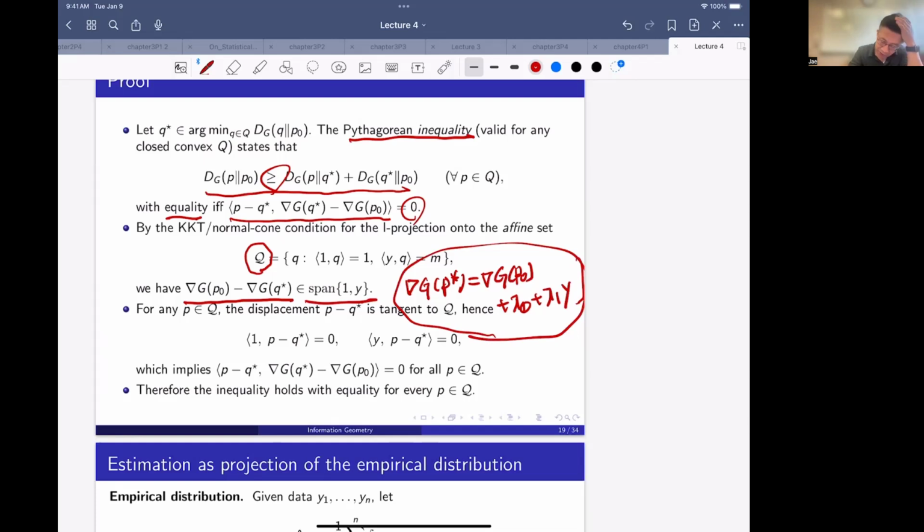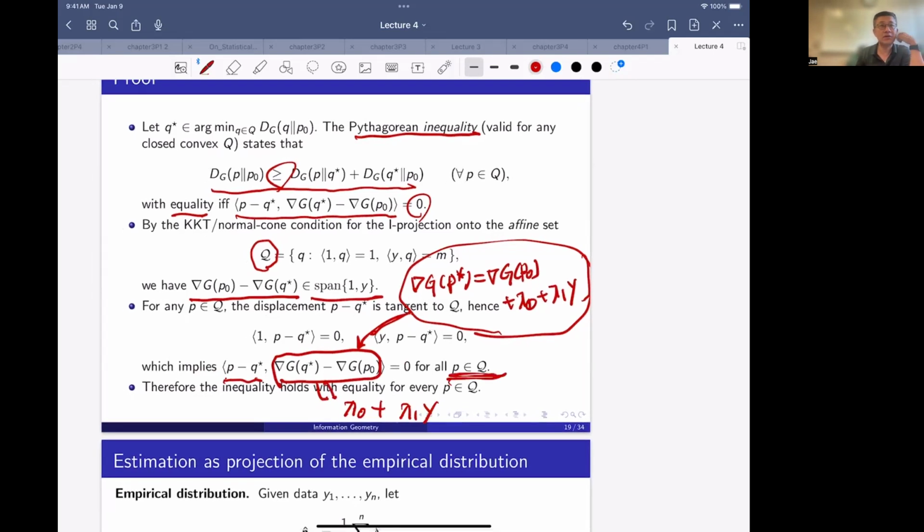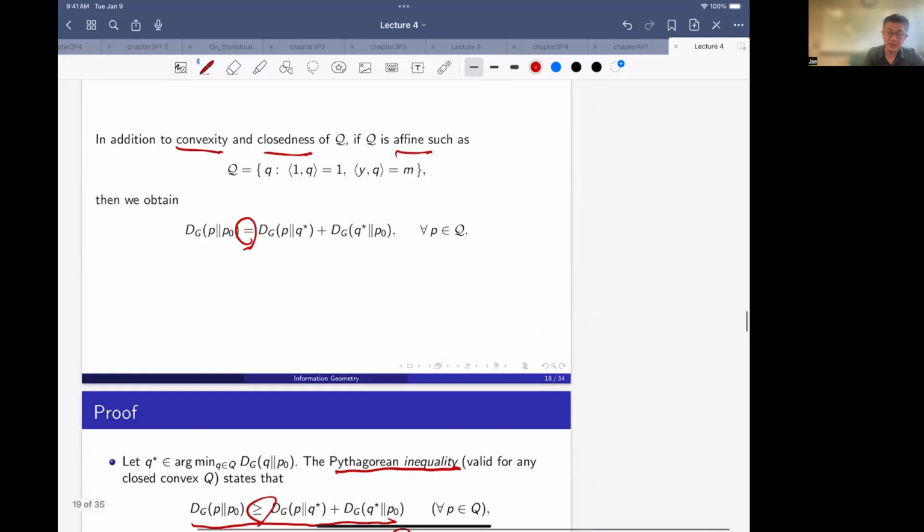Now the point is this guy is equal to lambda 0 plus lambda 1 y, and because P and Q star all belong to this affine subset Q, that means we have 0. So the equality holds as long as P is in this affine, flat subspace. That establishes the Pythagorean theorem.